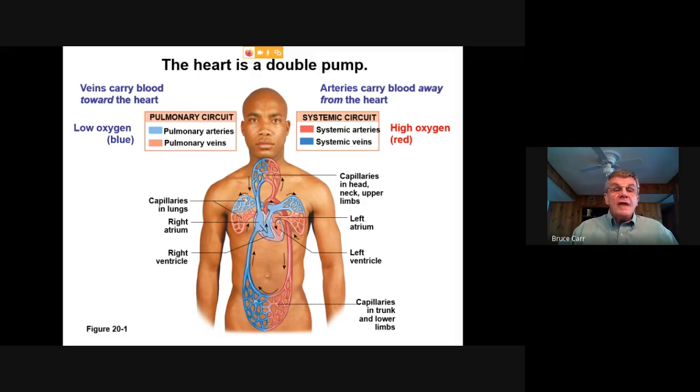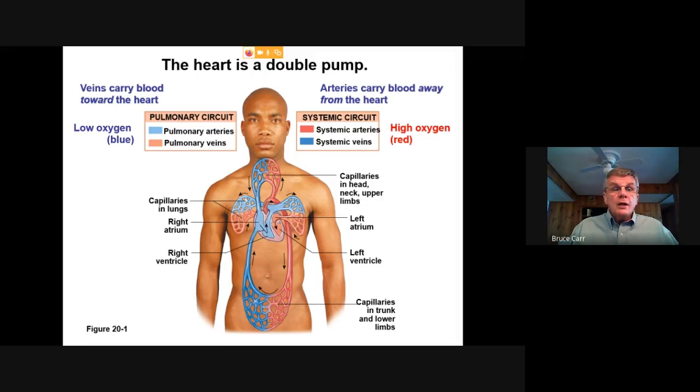Returning to the left side of the heart, which will then pump it out to the, in this drawing, much reduced systemic circuit. In the case of the left side, the systemic departure from the heart is carrying oxygenated blood for distribution to all the living tissues where oxygen is dropped off and CO2 is picked up.